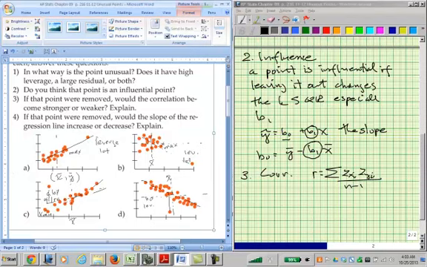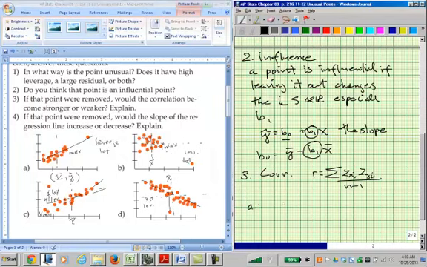Therefore, including A makes correlation stronger. Why? Because we're putting in a large x and y pair, so it's a bigger number, so it's going to go into the sum, so r is going to go up.